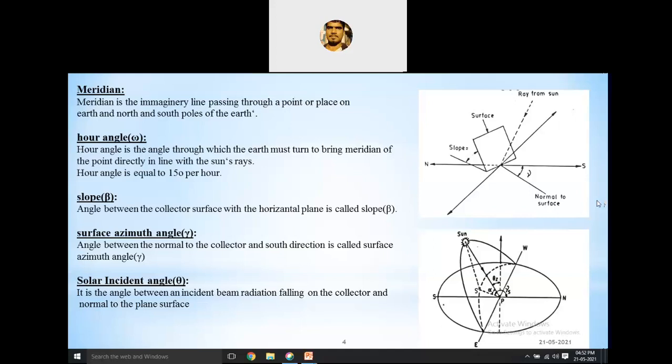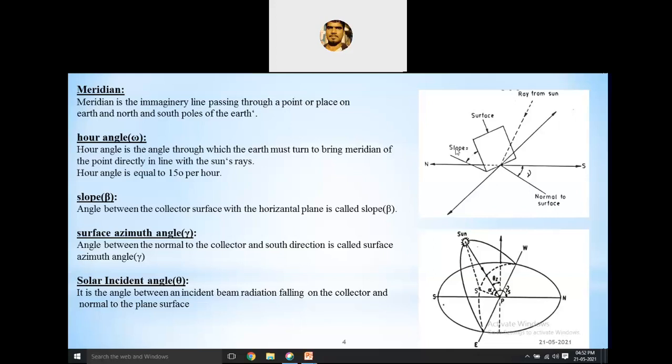Okay, and the next important definition is slope. In the figure you can see this is a slope. The slope is the angle made by a plane surface with the horizontal.